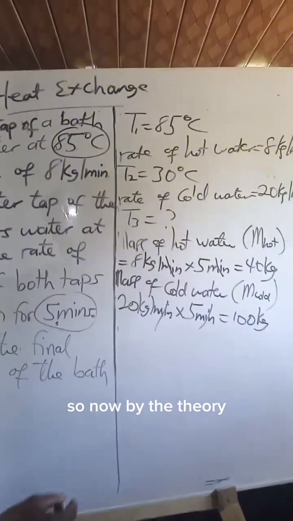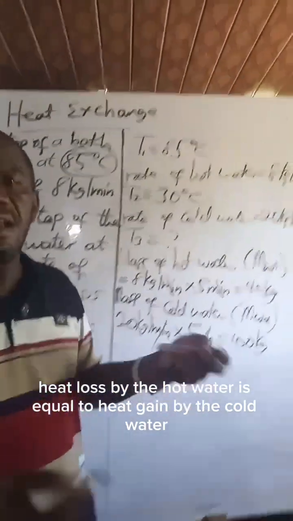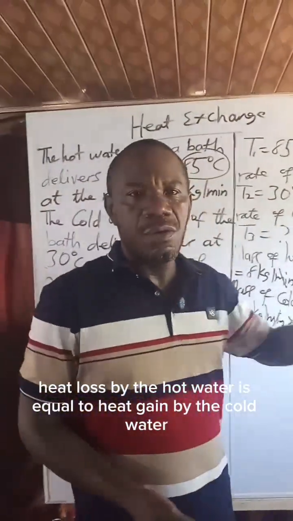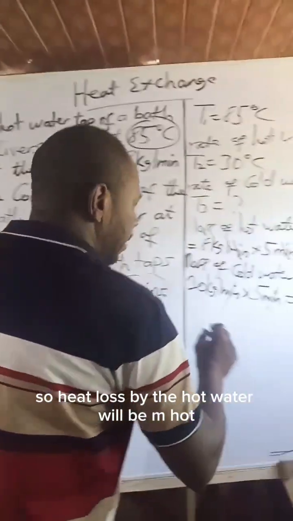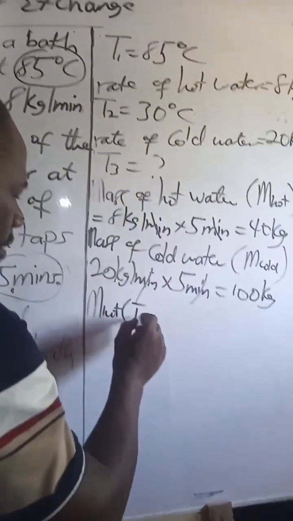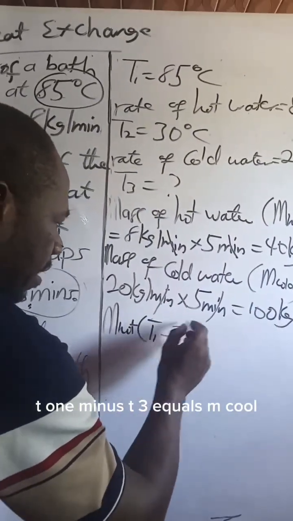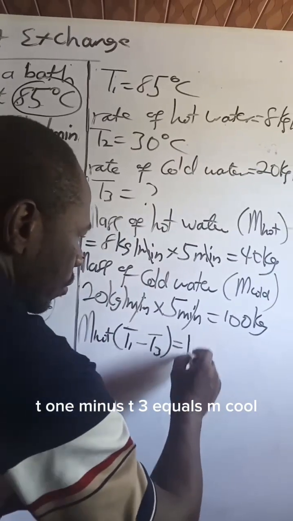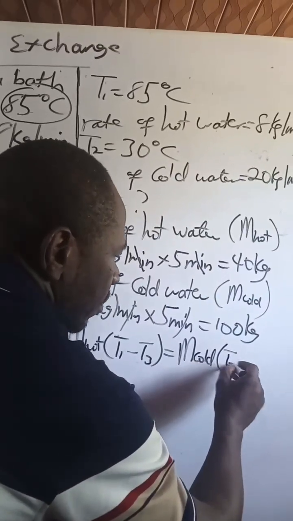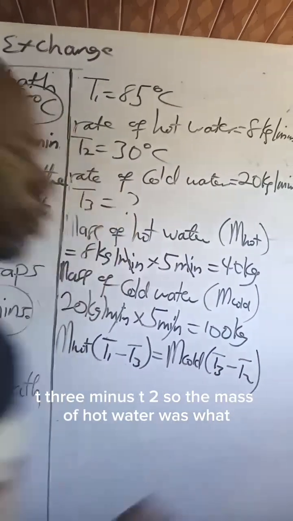So now, by the theory, heat lost by the hot water is equal to heat gained by the cold water. So heat lost by the hot water will be M hot (T1 minus T3) equals M cold (T3 minus T2).